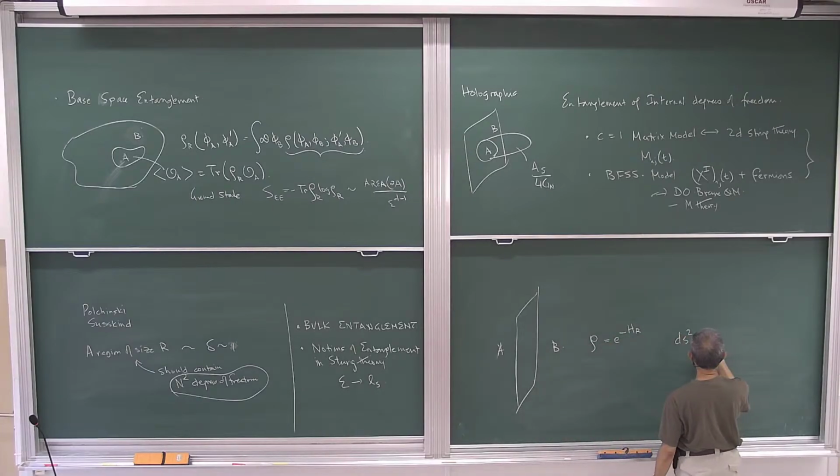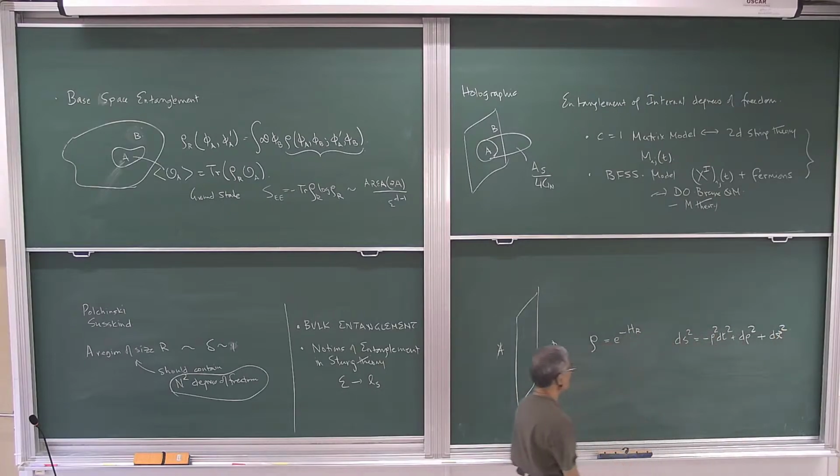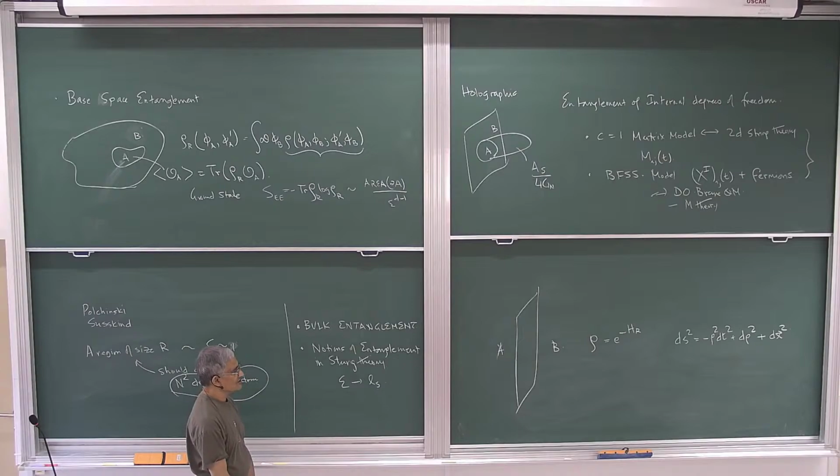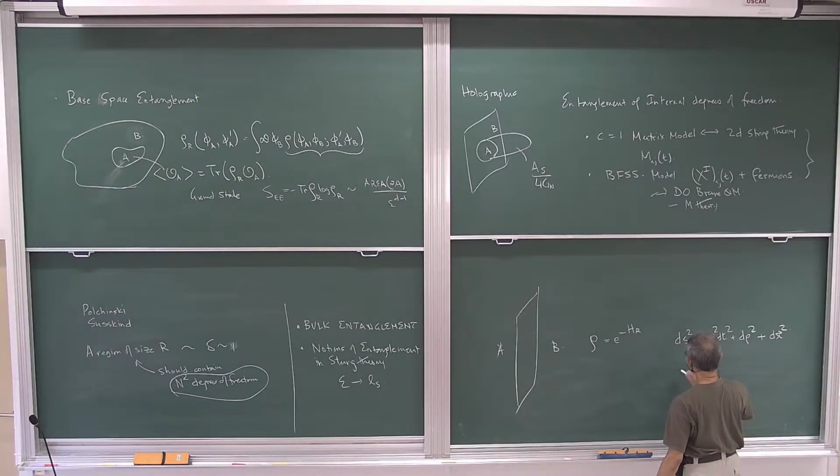so let me draw. There is an old argument, I think originally from 't Hooft, which said that what we should really do is calculate, so the Rindler space in some Euclidean continuation is, of course, just a disk.